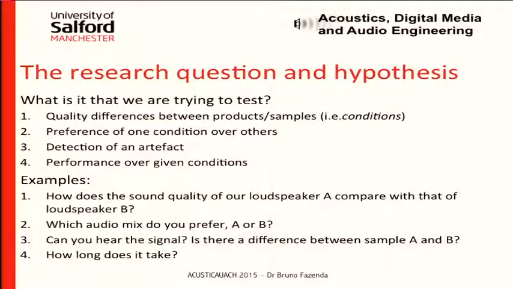Or we might be trying to measure the performance of subjects over different conditions. Say, someone's mixing in the studio, and they've got low lighting, and they're mixing 48 tracks, and then you come in and put really bright light on them and ask them to mix the 48 tracks again. You've changed the conditions and you want to try and see how well they perform. You might measure how long they take, or you might measure the final quality of their mix.